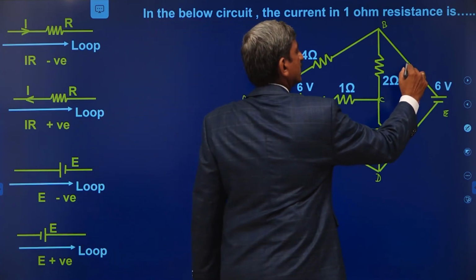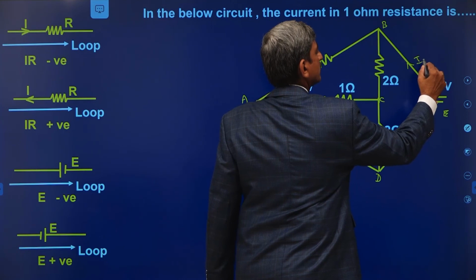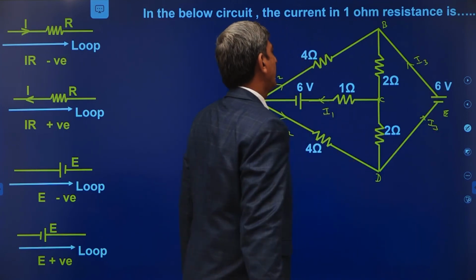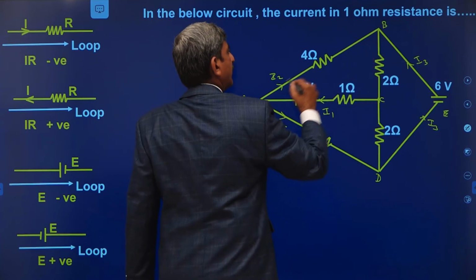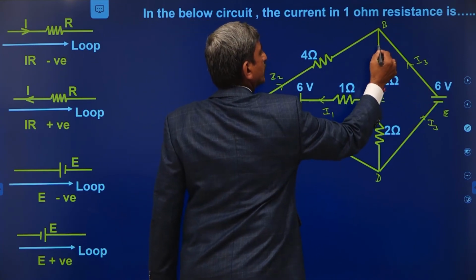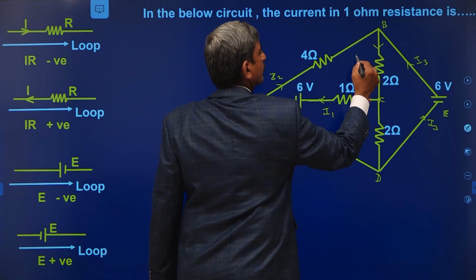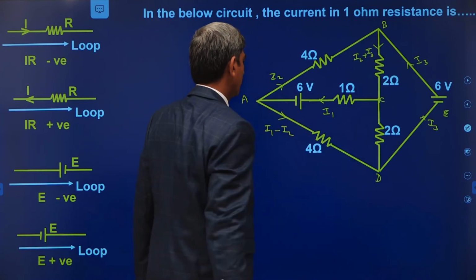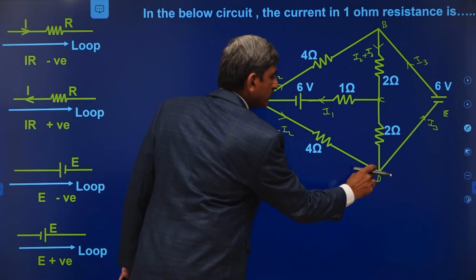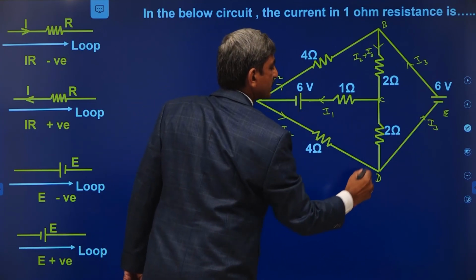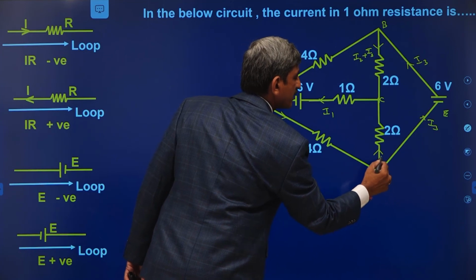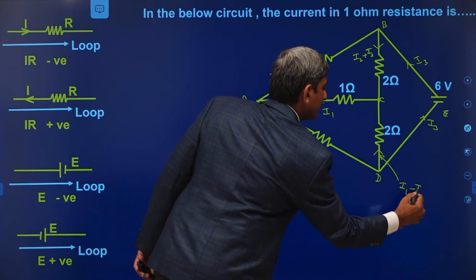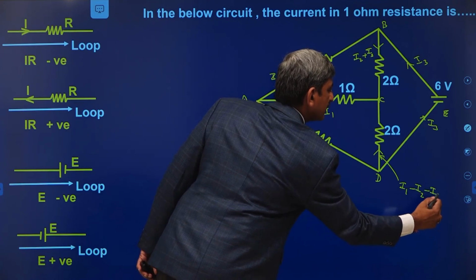Let us assume that a current I3 is passing through this branch of the network, and at this point B, I2 is flowing towards the junction, I3 is flowing towards the junction, so both are combining and we have this current as I2 plus I3. In this I1 minus I2, I3 is flowing along this direction, so the remaining current in this branch is I1 minus I2 minus I3.